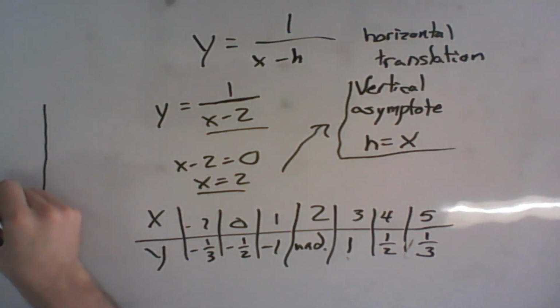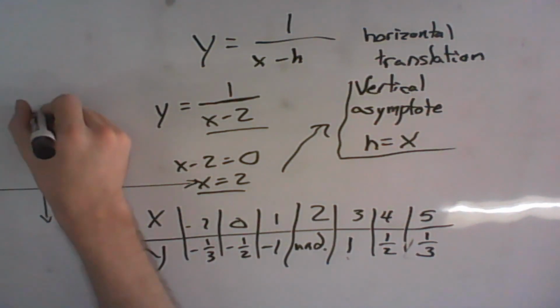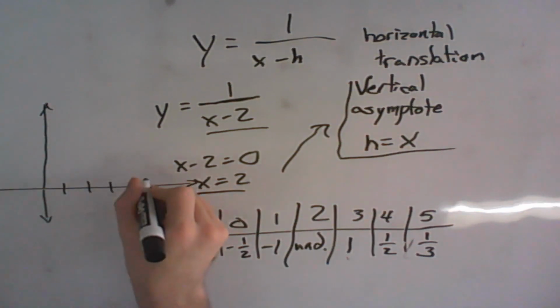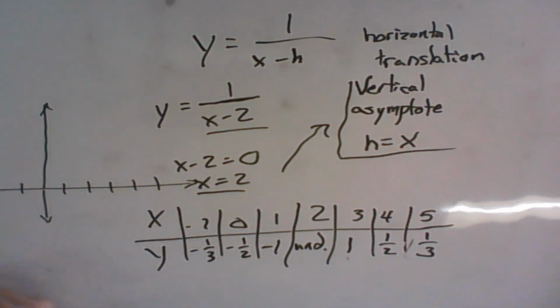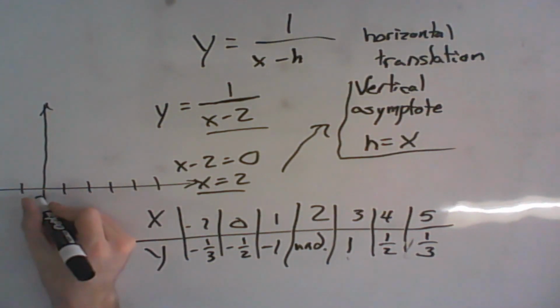If you're wondering, I am going to make it skewed to the right. We get 1, 2, 3, 4, 5. Negative 1.